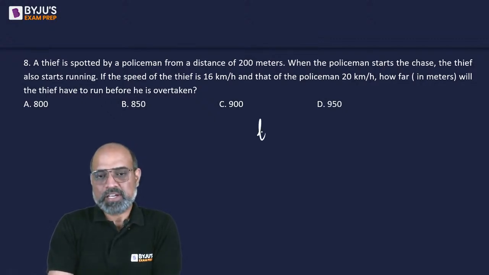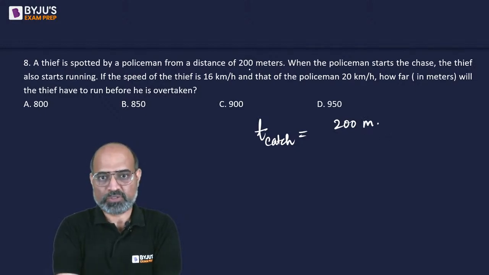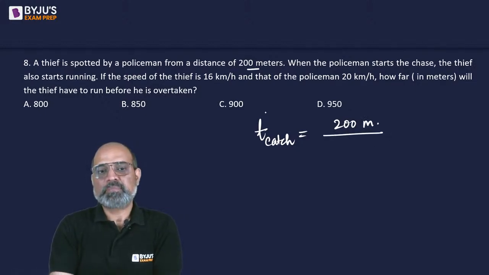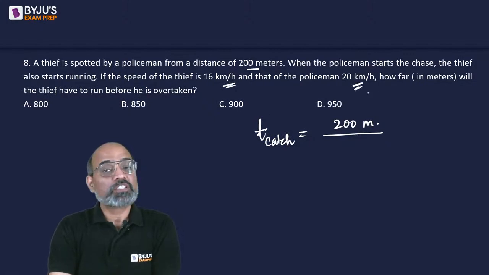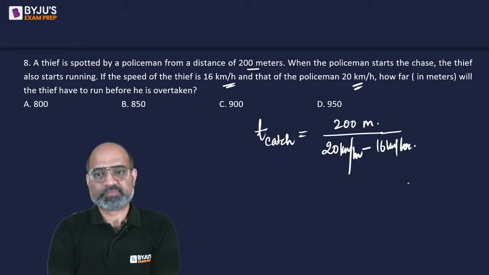So let's calculate the time that the police is going to take to catch the thief. That is given as the distance between the two bodies, that is the police and the thief, 200 meters, जो given है, divided by the difference of the speeds here, which is 20 km per hour minus 16 km per hour, right?